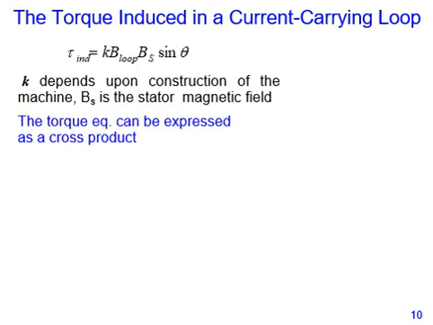K depends upon the construction of the machine. Bs is the stator magnetic field already discussed. B loop is the B developed because of the current in the loop. The torque equation can be expressed as a cross product, since we know the simplification of the cross product was B loop Bs sine theta, so it can be written as B loop cross Bs.